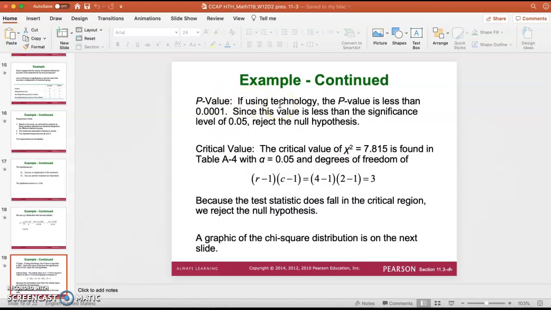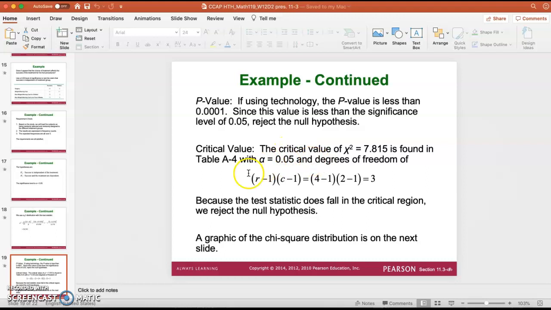And we can use technology to find the p-value is going to be very small for this one, so less than 0.0001. And so since that p-value would be so small, again, just like any other hypothesis test, we would reject the null hypothesis. So we're rejecting the idea that they are independent.